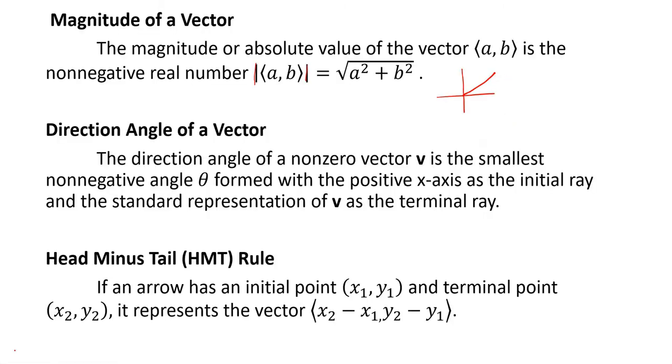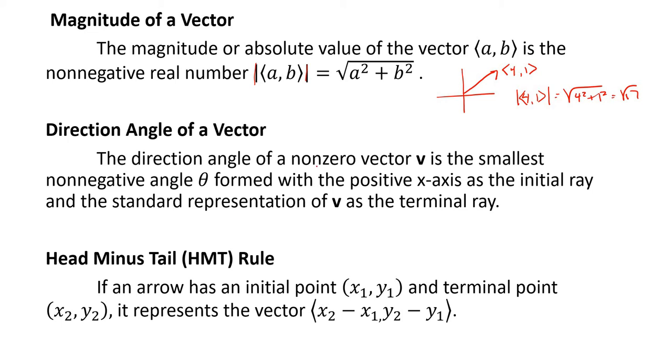So if I am talking about vector ⟨4, 1⟩, then the magnitude of this vector would be the square root of 4 squared plus 1 squared, which equals the square root of 17. It's the distance formula. Magnitude is distance. The bigger the vector, the longer the vector, the larger its magnitude.